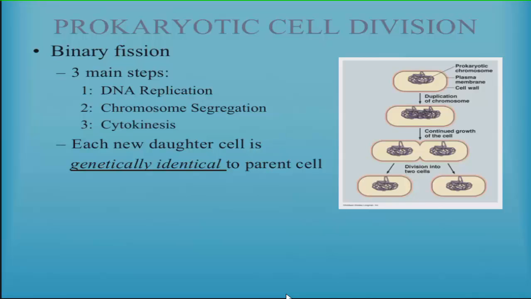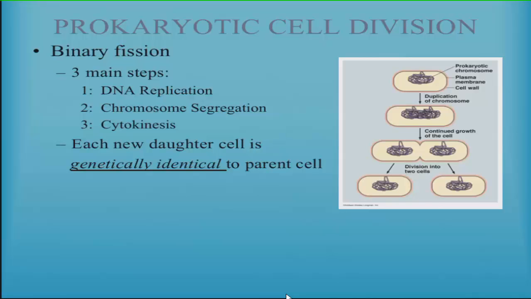Binary division, which occurs in prokaryotic cells, has three main steps. At first, DNA replication, where the DNA is copied and results in two identical chromosomes.